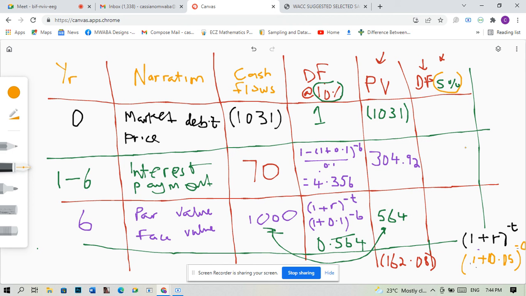Anything to the power 0 is 1, so we still get 1 here.